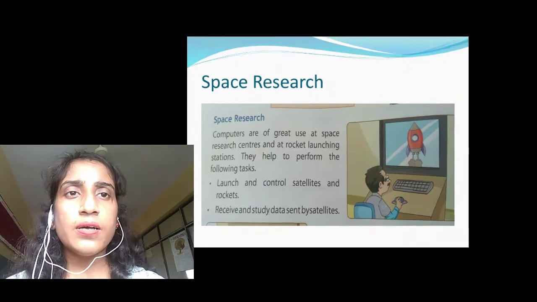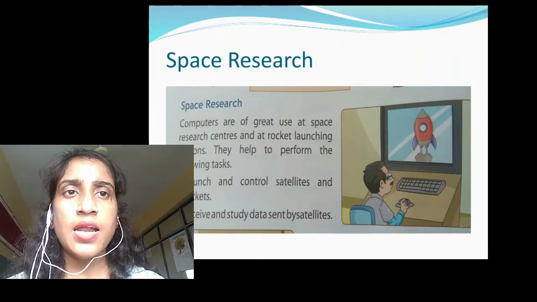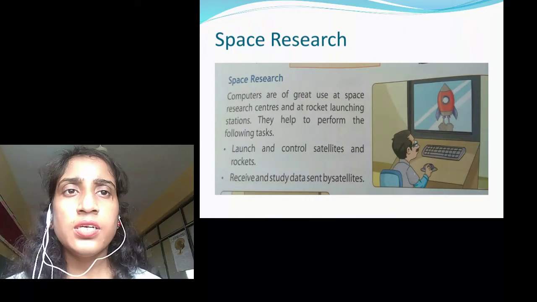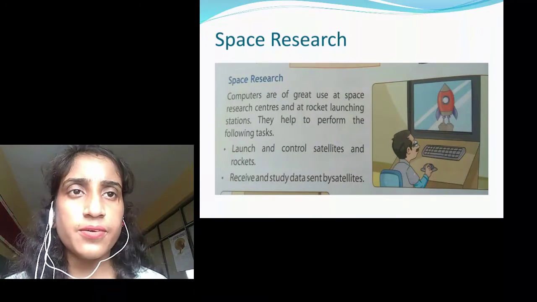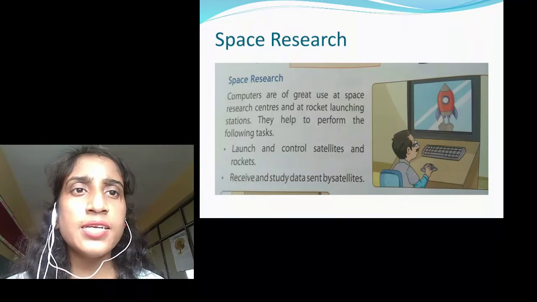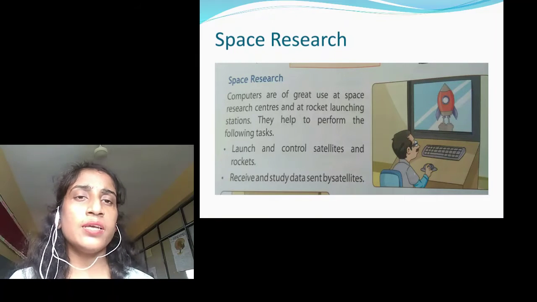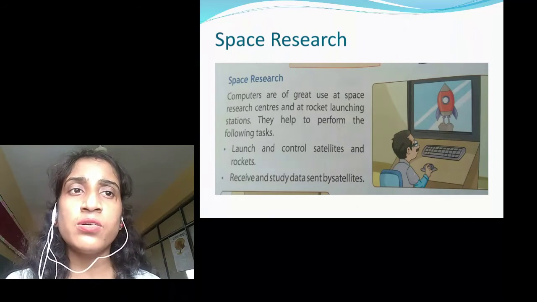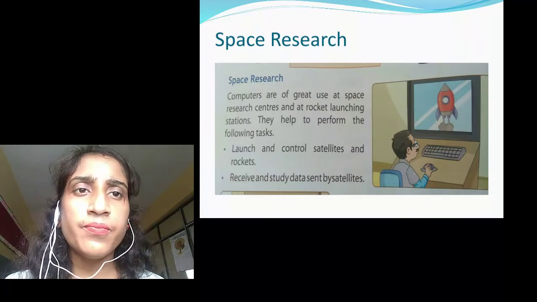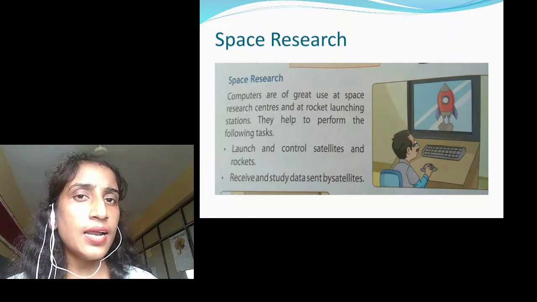Computers are of great use at the space research center and at rocket launching stations. They help to perform the following tasks: launch and control satellites and rockets with the help of computer, and receive and study data sent by the satellite.